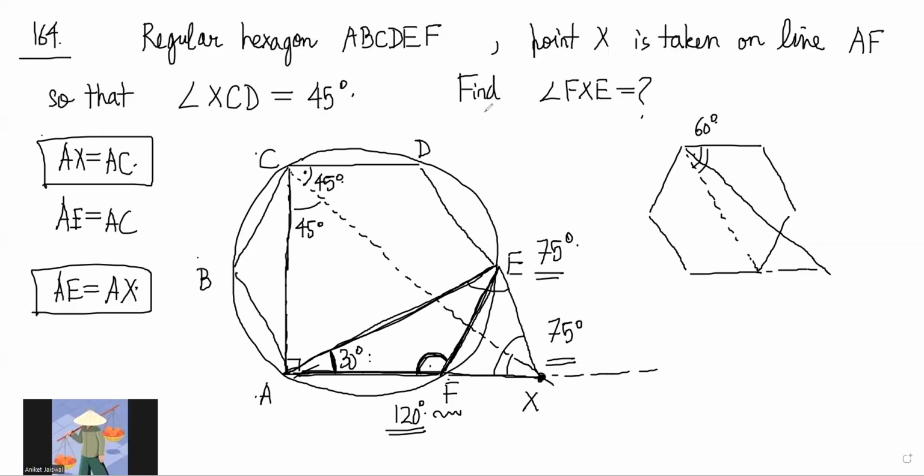Yes sir. Then 166's answer. 166 is also 30. Okay. Angle sir, 160 BCF, please tell. You should try it again because it's not difficult. Okay, sir, I will try.